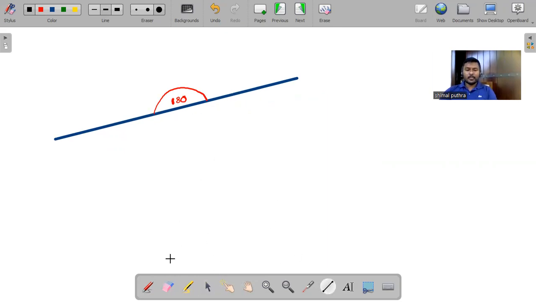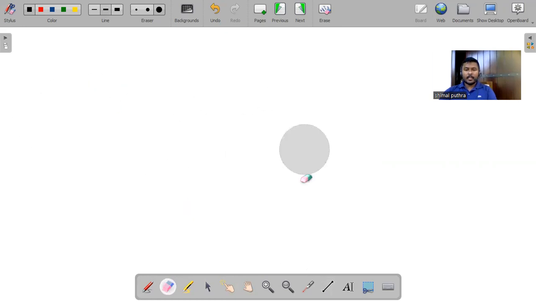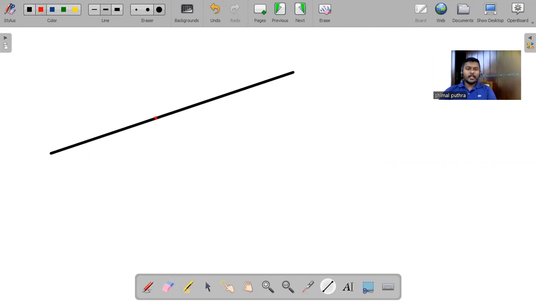I will explain this one in this method. There is a straight line. That straight line has been divided into 3 angles. Imagine this angle is A, this angle is B, this angle is C. Then you can say the sum of this A, B, C is equal to 180. That's why we call the angles of a straight line equal to 180.